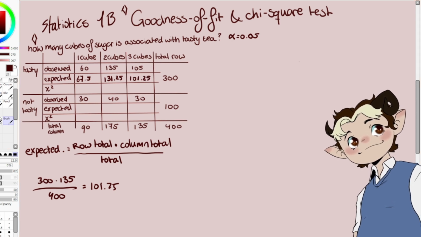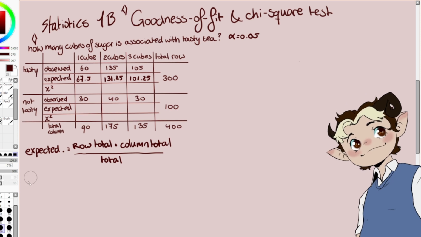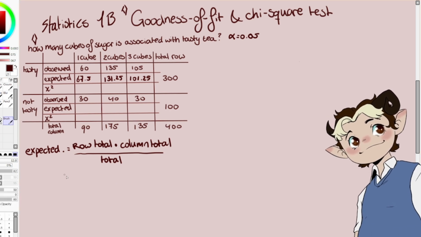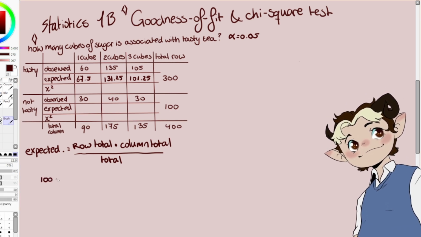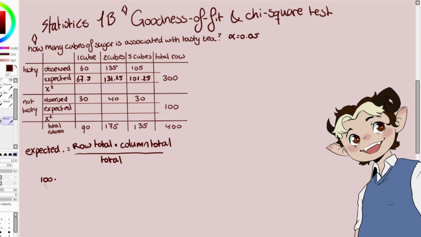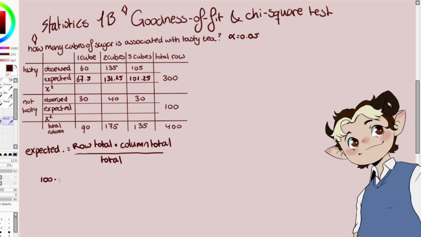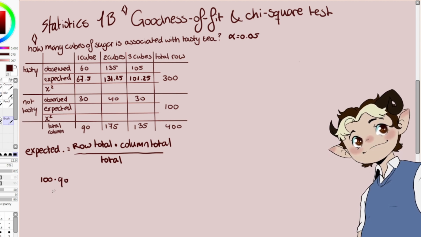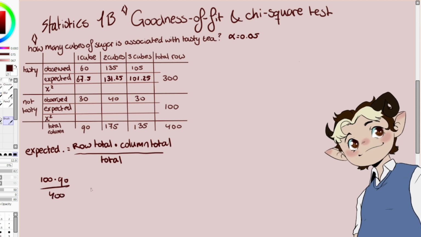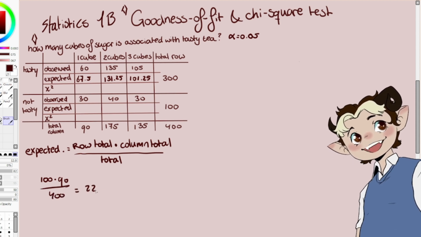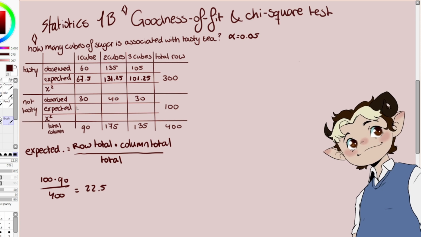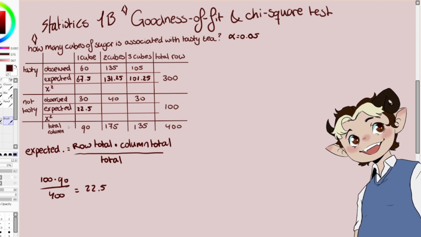Now let's move on to the not tasty section, which will be 100 times 90 divided by 400, which is 22.5.